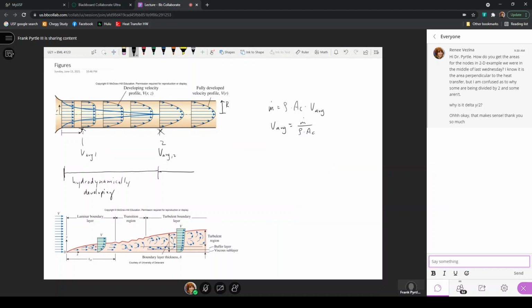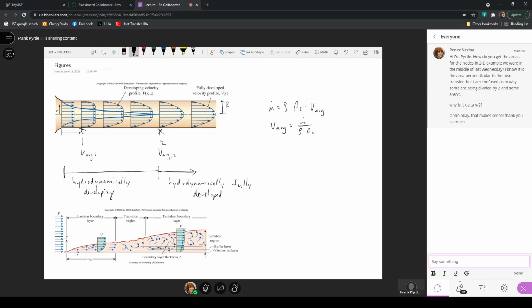And from that point on will be the hydrodynamically fully developed region. The consequence of hydrodynamically fully developed just means that the pressure drop as a function of position, dP dx, becomes a constant, whereas in the hydrodynamically developing region, dP dx changes as a function of position.